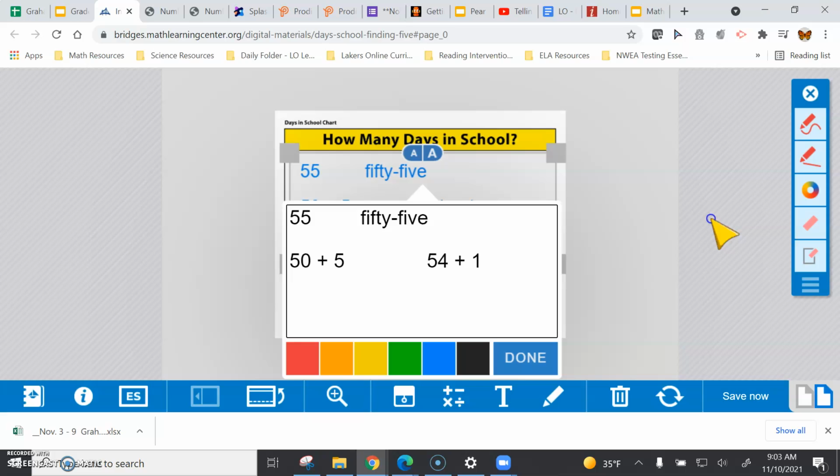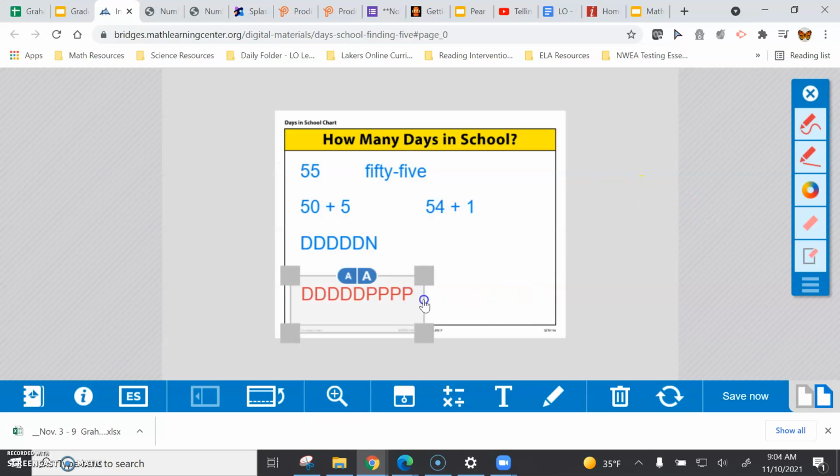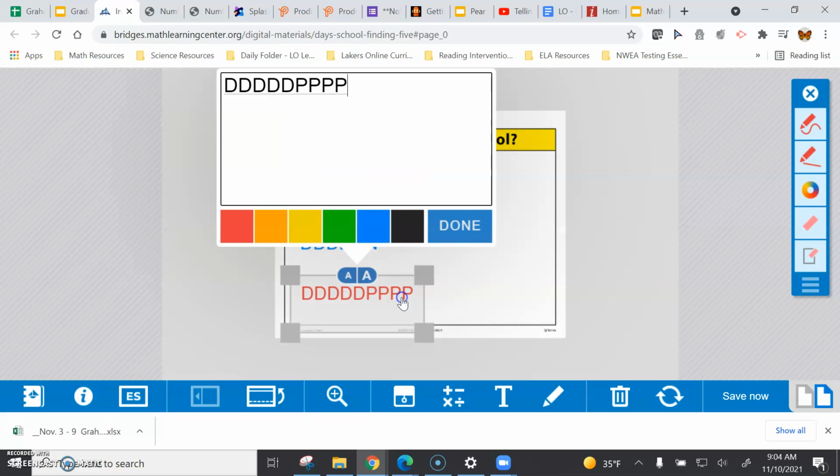And then we will add our coins. Dime, dime, dime, dime, dime. So that's 10, 20, 30, 40, 50. And then we're going to put our friend the nickel, because we know that nickels are worth 5 cents.